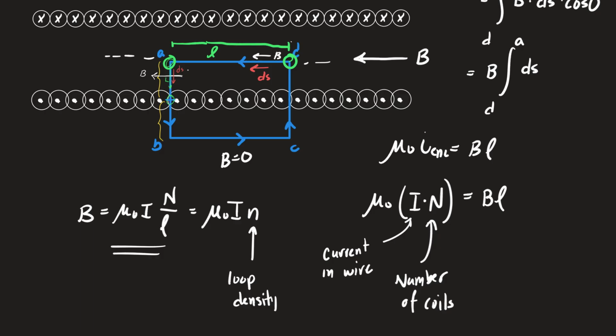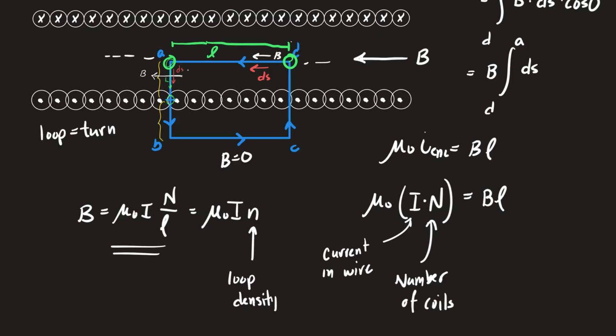Or you can say, I have a solenoid that has a loop density of 100 turns per meter, or something similar. They'll use the word turns instead of loops. It's not uncommon for that to happen. So loop and turn are both the same thing. So when you're reading problems, or you're told I need to make a solenoid with a certain number of turns per meter, that's what they mean.